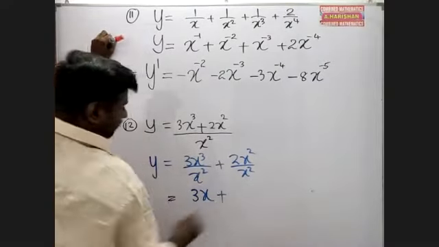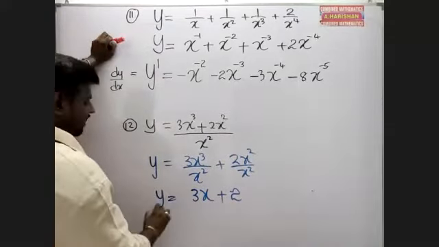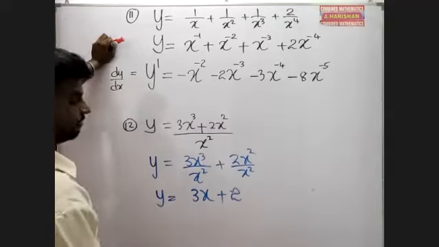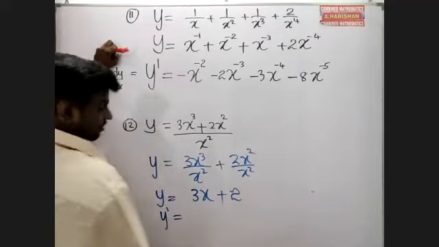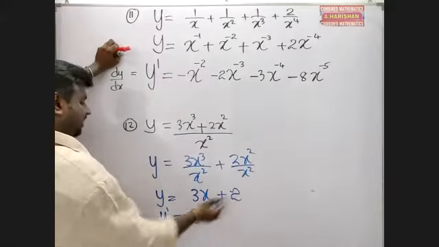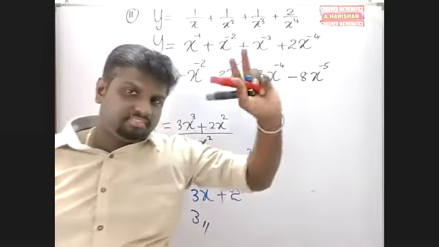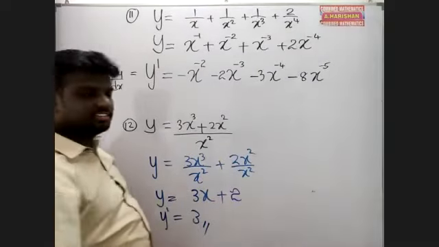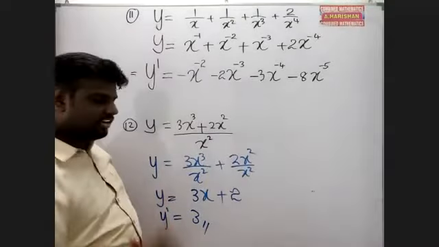This is 2. So that is still y. Don't write y prime yet. Now I write y prime. Differentiation: 3x is 3. That is 2, 0. Answer is 3. Got it?